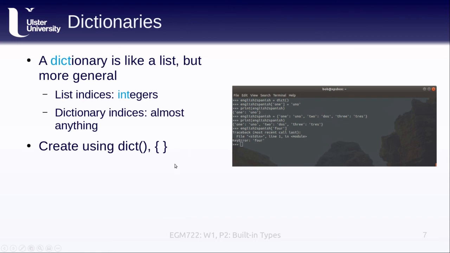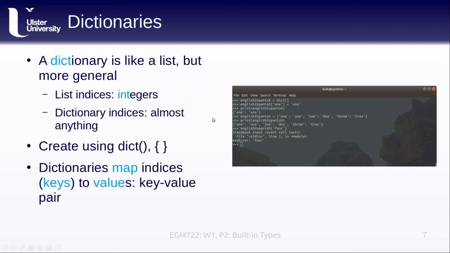We can create a dictionary using either the dict function, similar to what we saw with lists, tuples, or strings, or we can use curly braces to create a new dictionary. Dictionaries are effectively mapping the indices, which are also known as the keys.